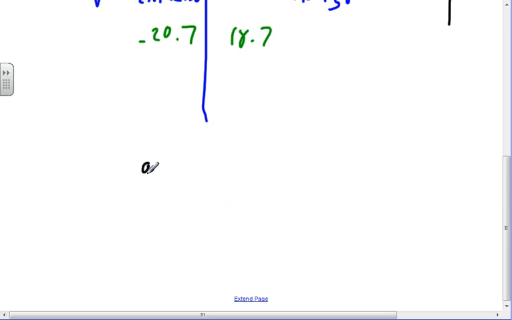So I'm gonna put my calculator in A plus BI mode. I'll go mode, not the real one, but the A plus BI.